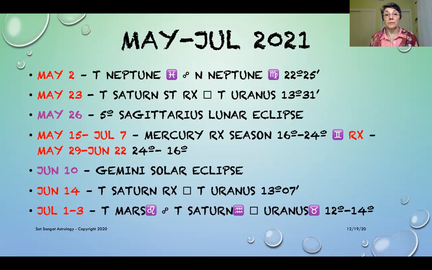But for the preliminary May to July, on May 2nd, we have transit Neptune opposing exactly the natal Neptune. And as I said a few days ago, at that time it was the Mars T-square. Now we have the opposition, which happens every 160, 170 years. So we can go back about 60 or 70 years ago, where the conjunction took place, meaning the beginning of the cycle, right?